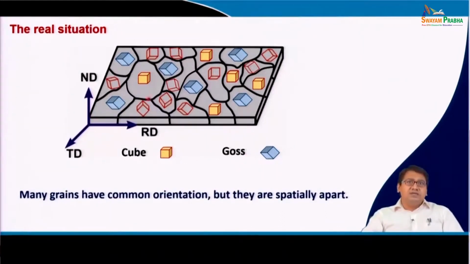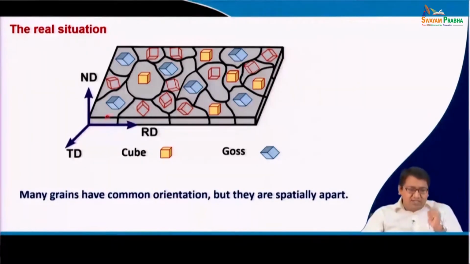And you see that there is a higher fraction of Goss components present in the material, and therefore, the intensity with respect to these Goss components will come when you observe the texture, and this material is the real life situation of how a texture shows up in the material.